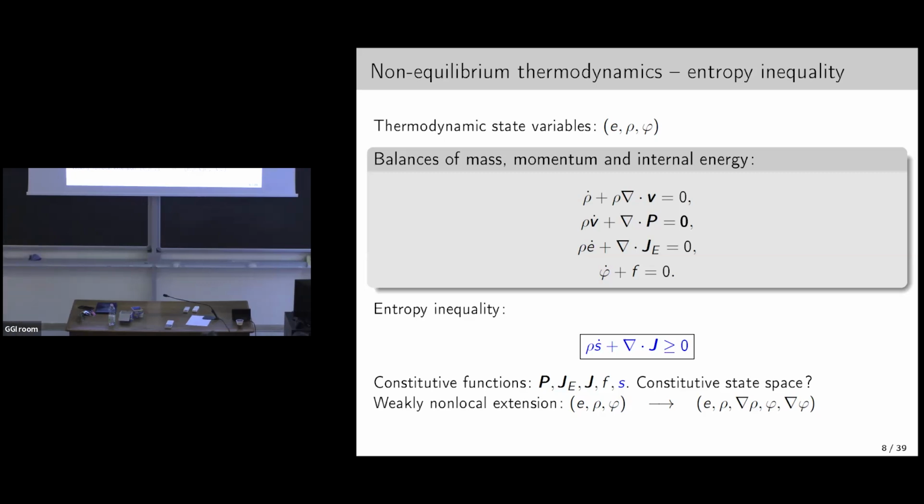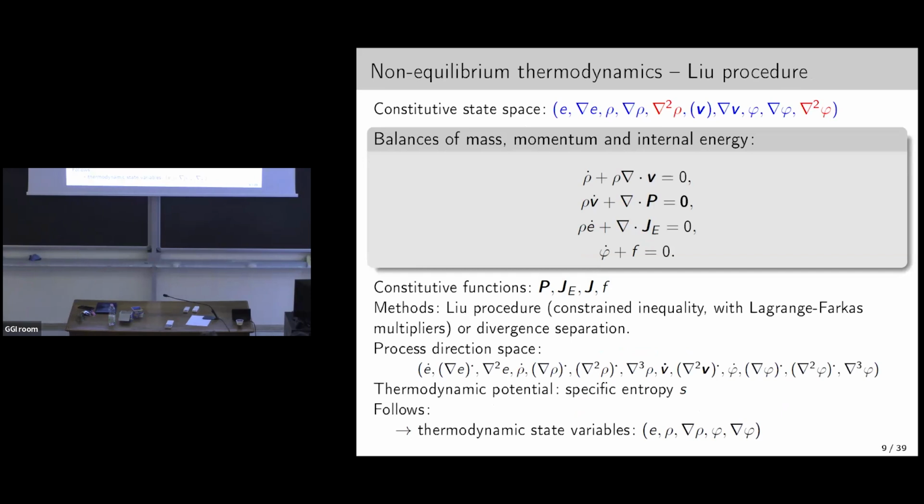And the constitutive functions are P, G, J, F, and S. S is somehow distinguished. And the main point here is to fix the so-called constitutive state space. Let us fix it in that way: all these variables depend on the introduced E, rho, and phi, and the gradients, and especially the second gradients are important here. There are several techniques to do that.